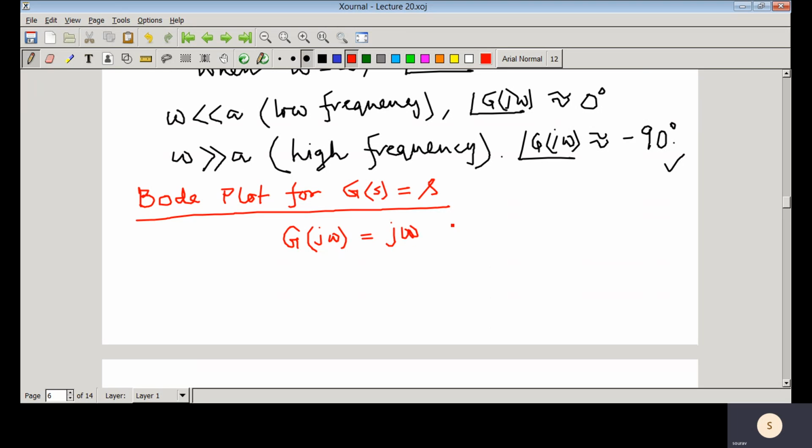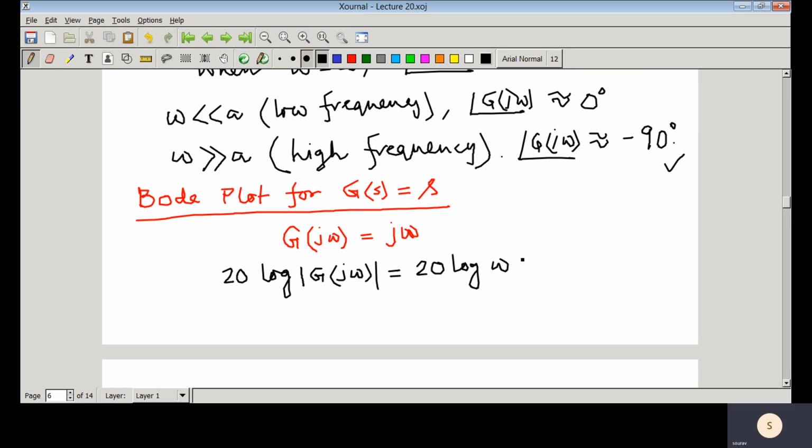Now if we take it in dB scale, what we get is 20 log of the magnitude of G(j omega), so it would be 20 log of omega.